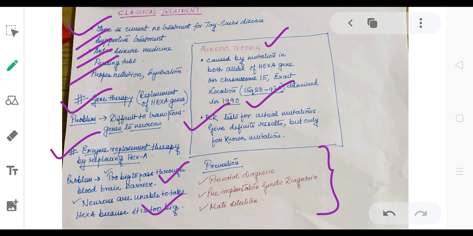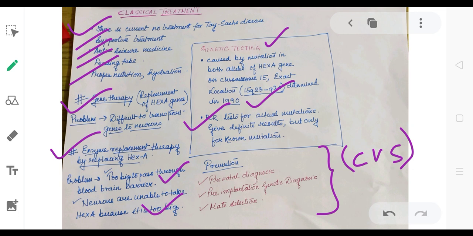That can be done by chorionic villus sampling, CVS. It is the most common form of prenatal diagnosis and can be done at 10 to 14 weeks of gestation. Amniocentesis is usually performed at 15 to 18 weeks, and this procedure has a risk of miscarriage of 1% or less. So you can go with amniocentesis if you have positive results on chorionic villus sampling.